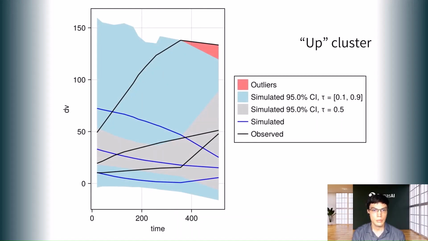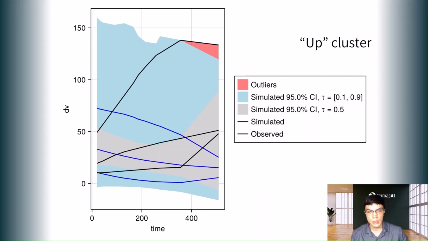And now the main point of these VPCs: we can see that for the up cluster, unlike the two previous ones, it shows now some worse fitting for the population in this cluster, mainly indicated by the red region at the top, representing outliers.